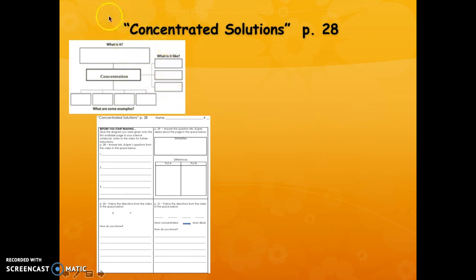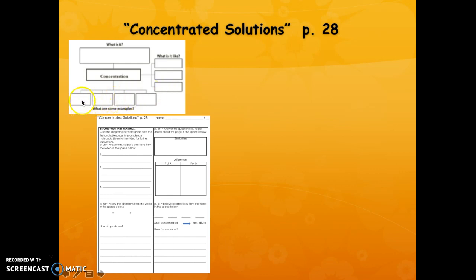What is a concentrated solution like when you put it on a balance scale? Another thing that you could think about maybe writing here would be, how could you make a solution less concentrated? Stop the video while you fill in those 3 boxes.